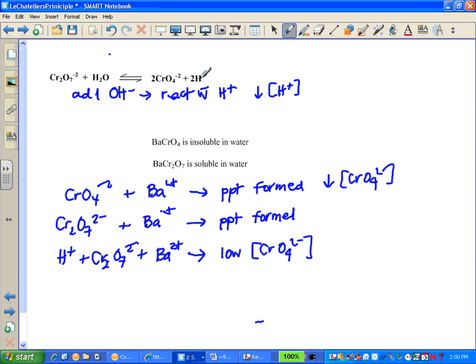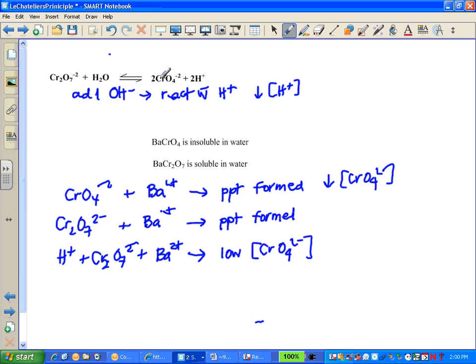This is an example of what an industrial chemist might do. This equilibrium could be potentially a nuisance if you're trying to work with these ions and barium ions in the same scenario or the same container. Because as soon as this equilibrium gets established, and it's naturally established in water, then you're going to have some chromate ions present.